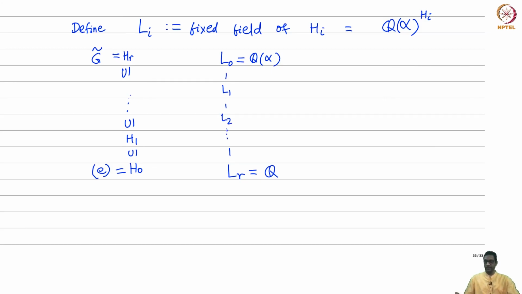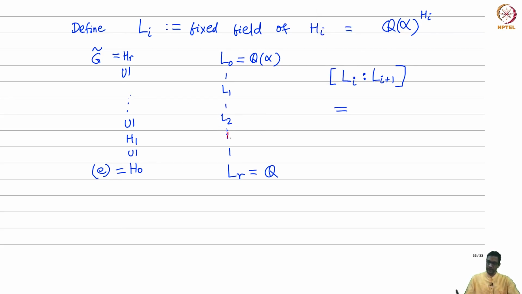So the numbering is sort of the opposite, but the key point is that if you look at the degrees of these extensions, L(i+1) over Li, observe this again by the fundamental theorem of Galois theory, Li corresponds to the subgroup Hi.